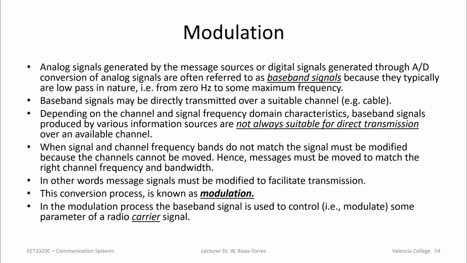Now, in the modulation process, what happens is the baseband signal, right, is used to control, or modulate, some parameter of a radio carrier, okay? Radio carrier. And we're back to the concept of a carrier.